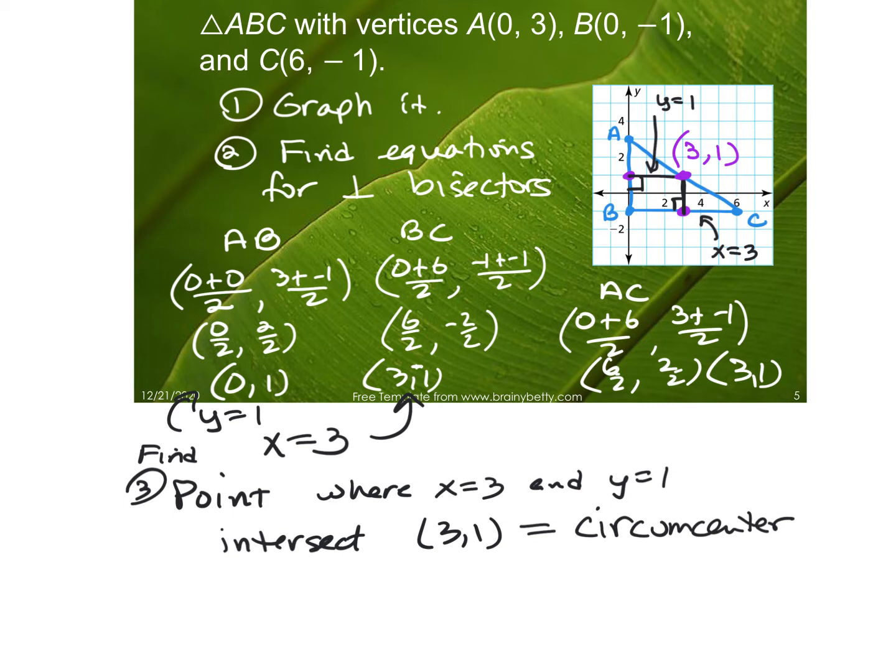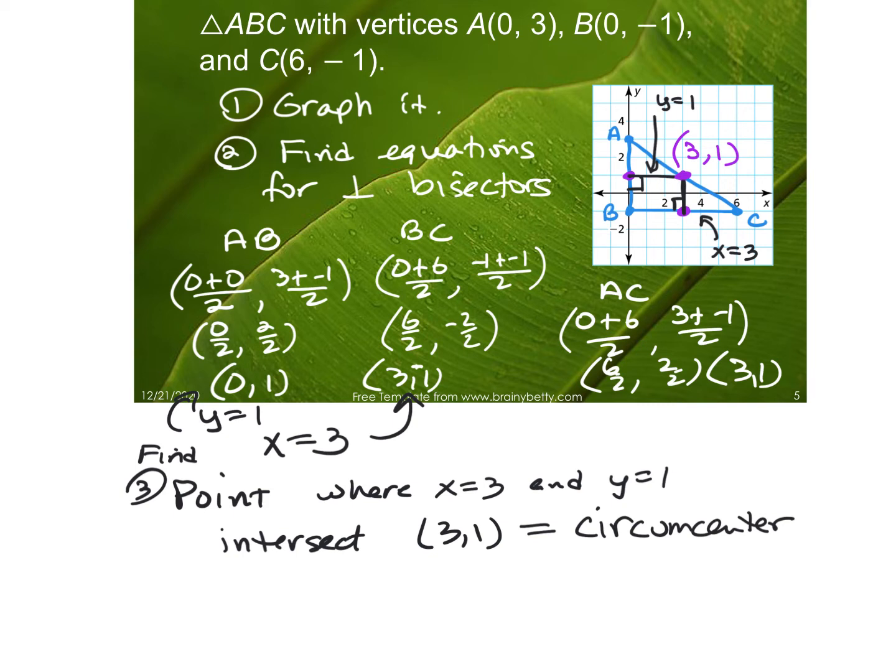But you can always practice it. Again, whenever you're doing this, I definitely recommend you rotate your iPad. I may give you a worksheet where I'm going to make you practice drawing them, but we'll see how that goes. So this is how you could find the circumcenter of a right triangle.